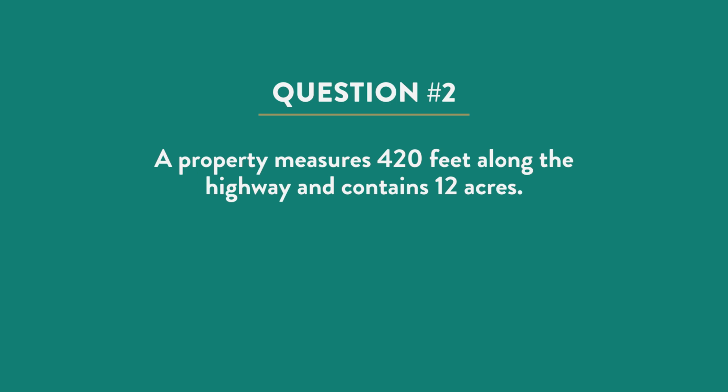Moving on to the next question. If a property measures 420 feet along the highway and contains 12 acres, what is the depth of the tract? So we know one of the parameters, which is the width of the property, but we don't know how far back it goes in order to create 12 acres.